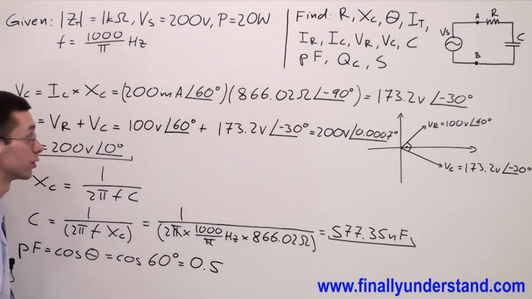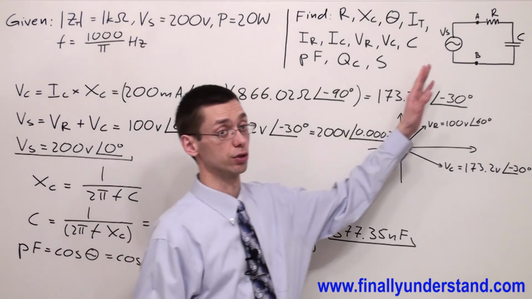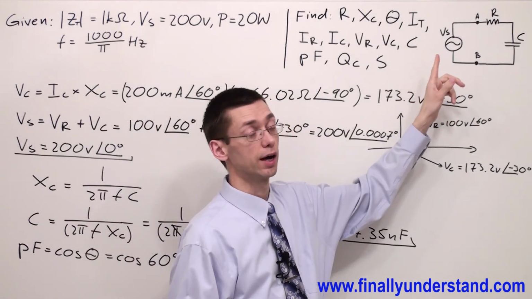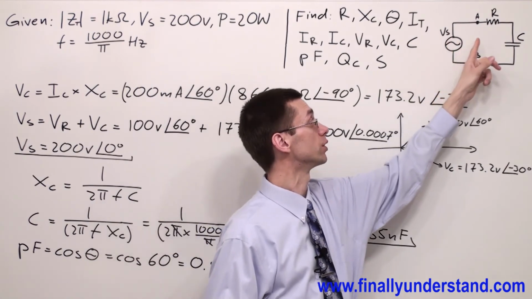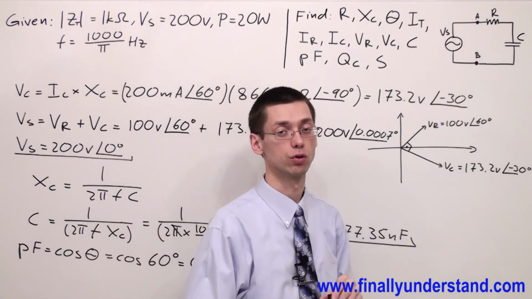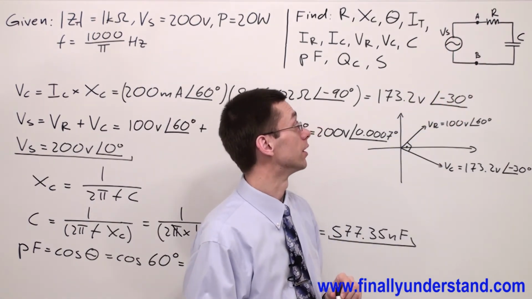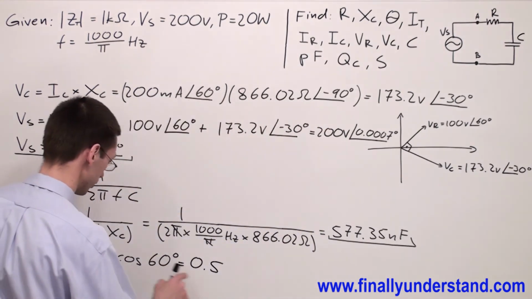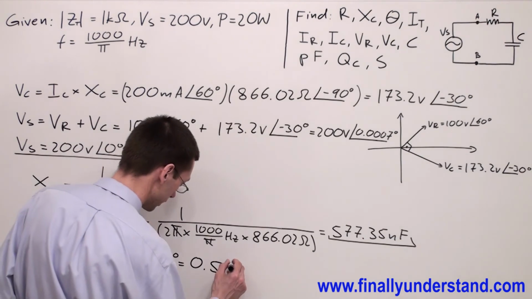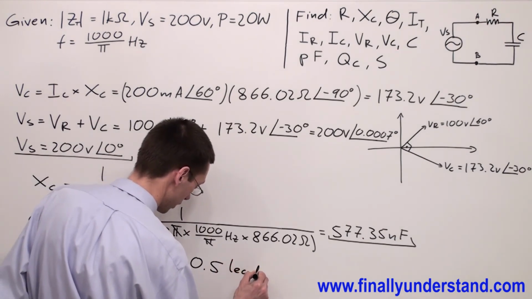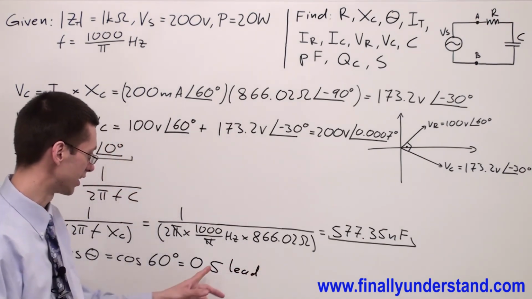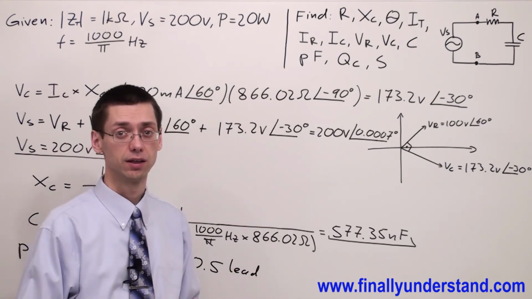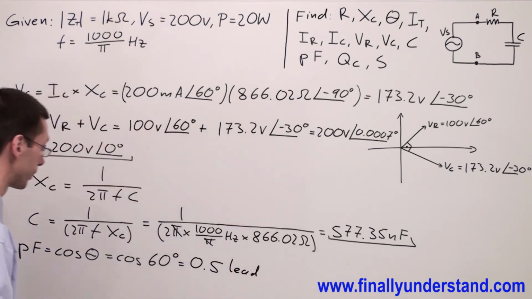And because in this circuit the load current, I mean the current which goes through the resistor and capacitor, leads the voltage source, that's why I'm supposed to add the word lead to my power factor. In some books you are going to see leads, leading, lead. It means the same, okay?